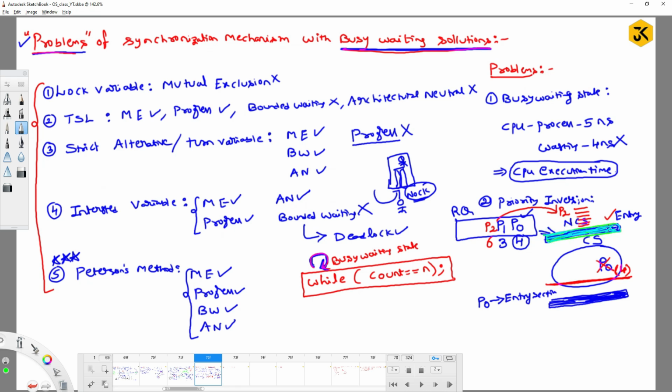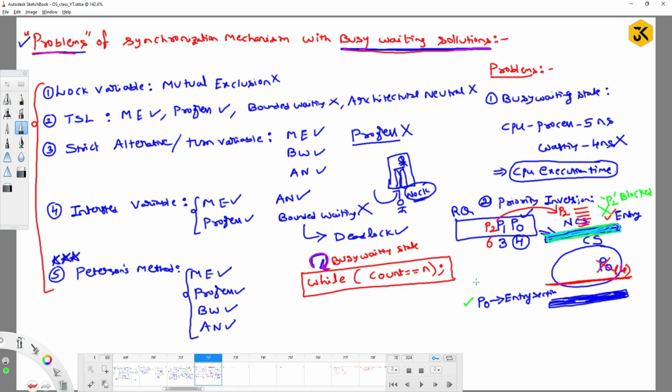Because P0 is already in the critical section, so I won't allow you here. That's the reason P2 is going to be blocked at the entry section. Am I right? Yes. The entry section is held by P0.